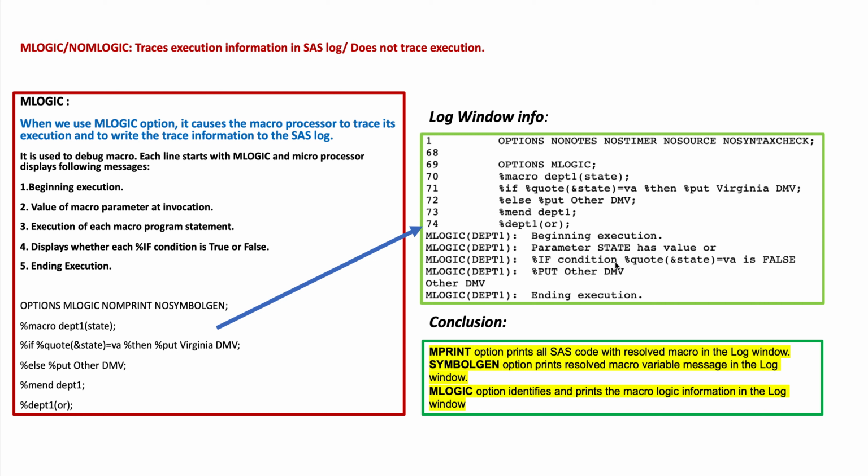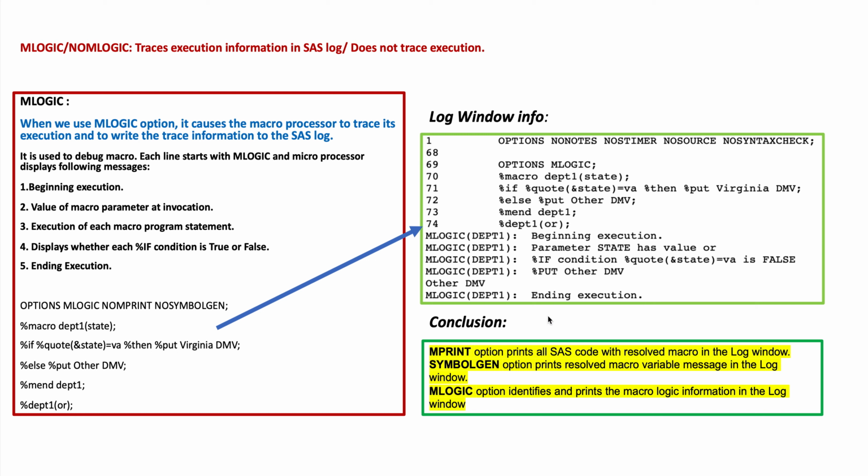Third one is the %IF condition is false. Fourth one is %PUT, that means it is printing other DMB. And fifth one is ending execution. This is the pattern we obtain in case of the MLOGIC option.